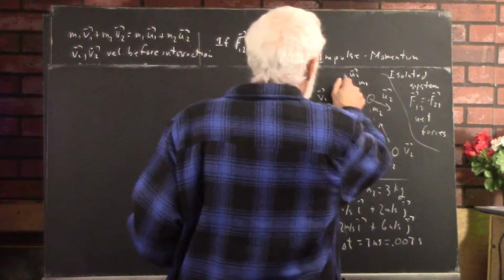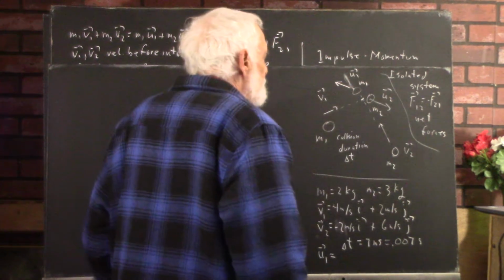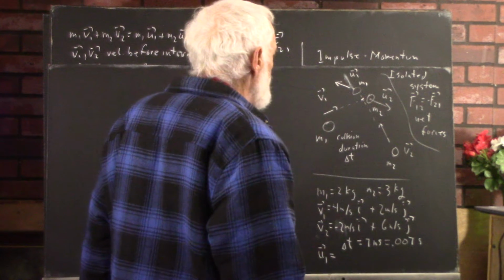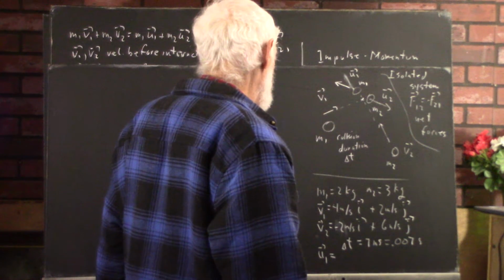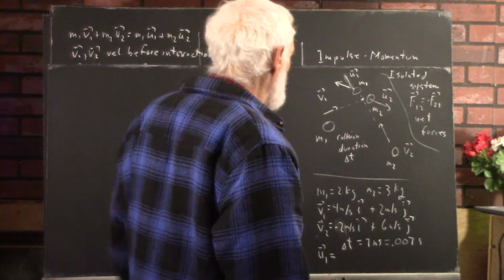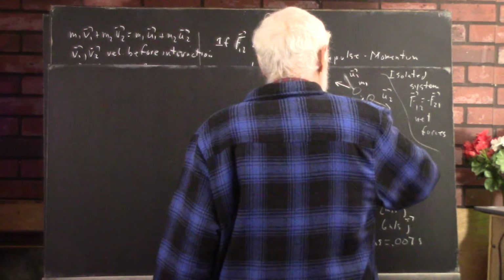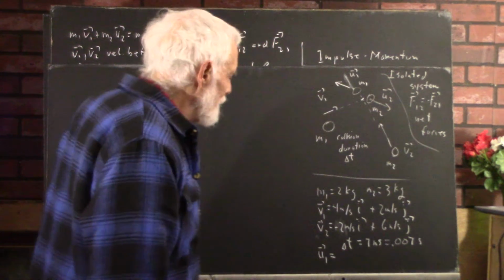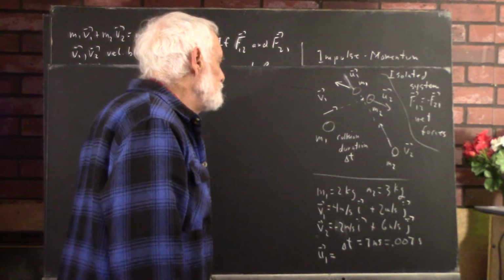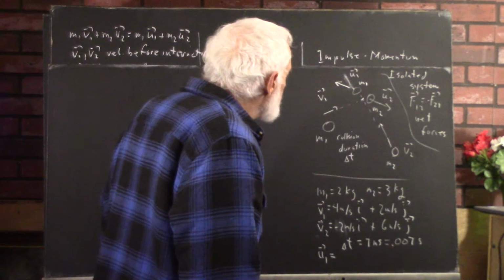If this one goes off in this direction, I'm going to say this thing goes off like so. And total kinetic energy should be conserved. This vector should be a little shorter than this one, so I'm going to make this one a little longer. Okay, I say total momentum should be conserved.